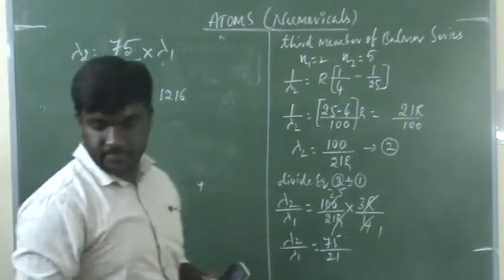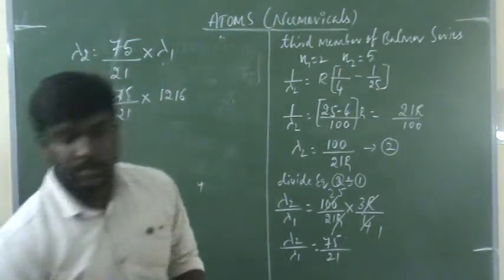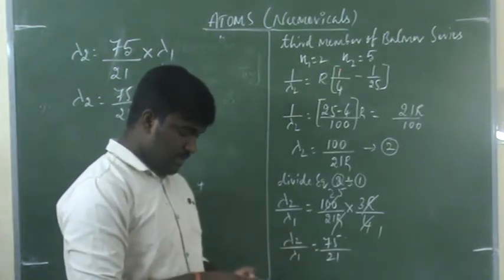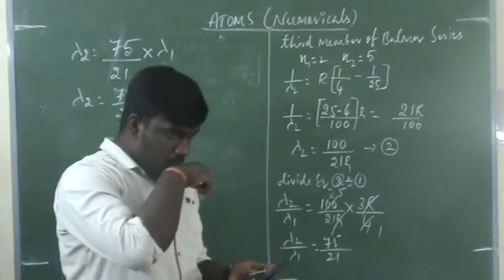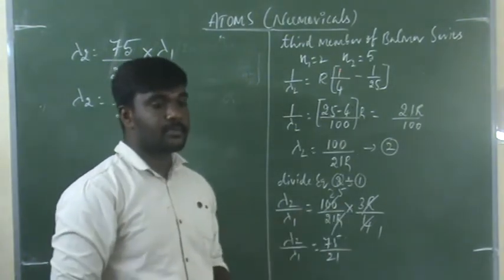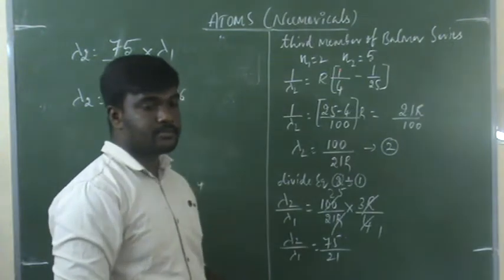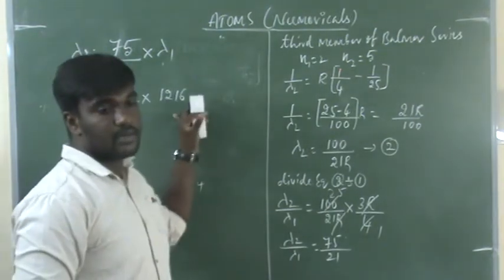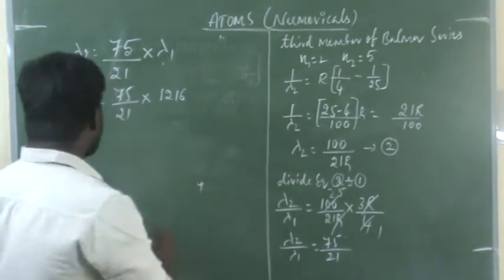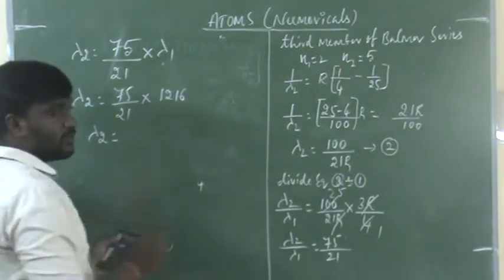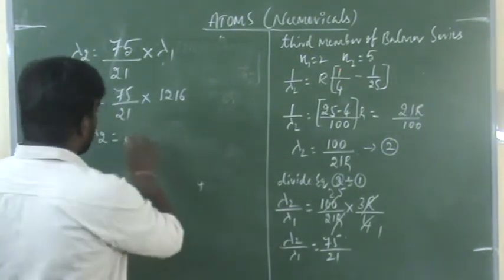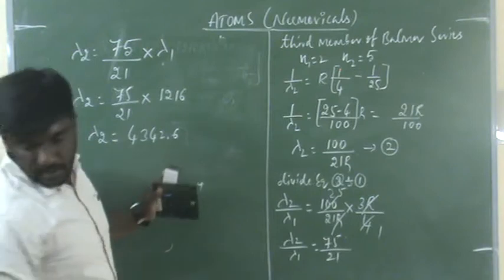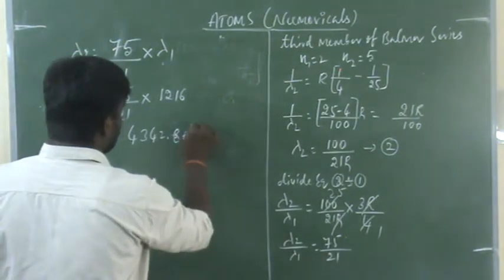Calculating that, lambda 2 equals 4342.68 angstrom.